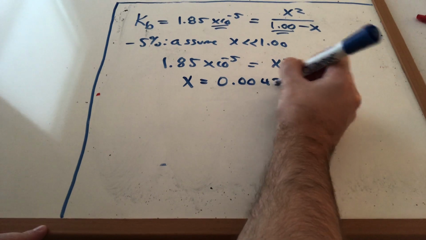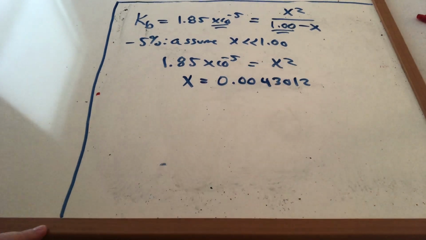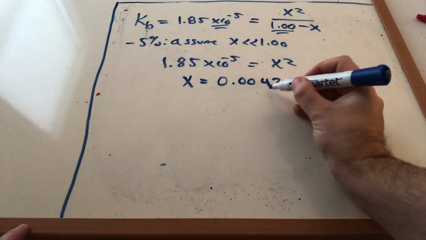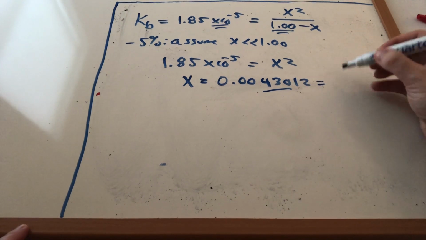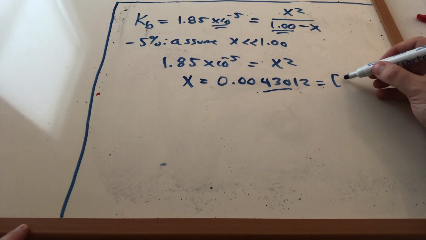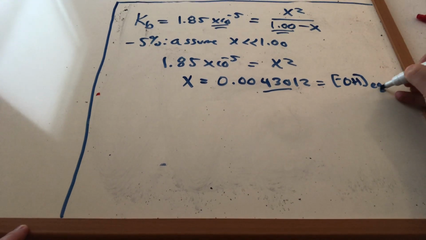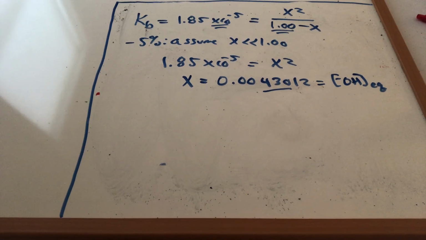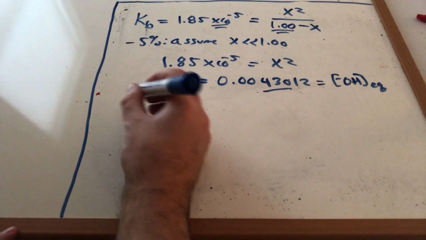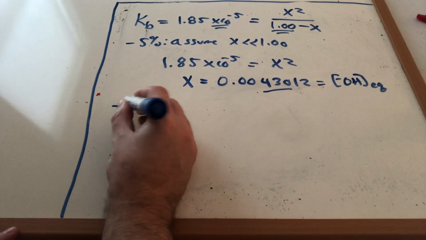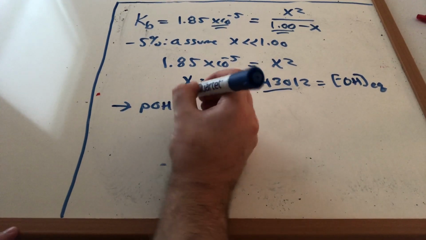0.00433012. This will have 3 significant figures. This is the concentration of OH minus at equilibrium. We're supposed to get a pH. So what I'm going to do next is I'm going to get a pOH.